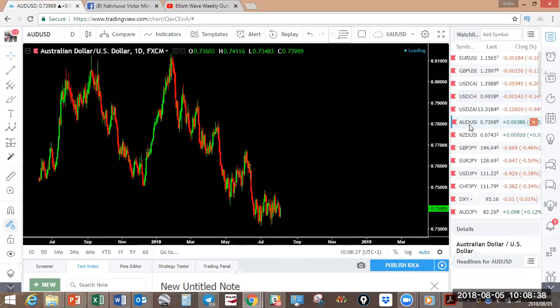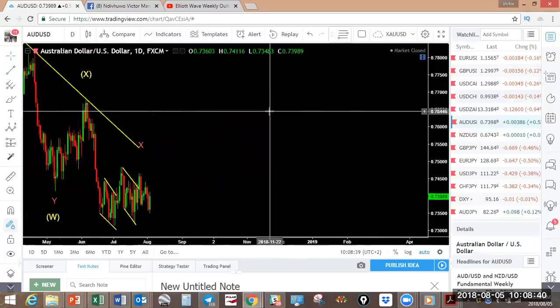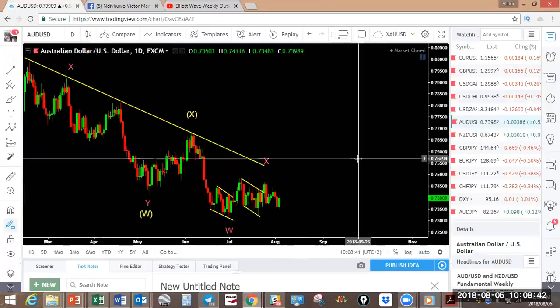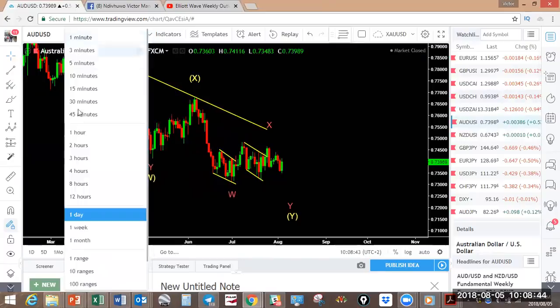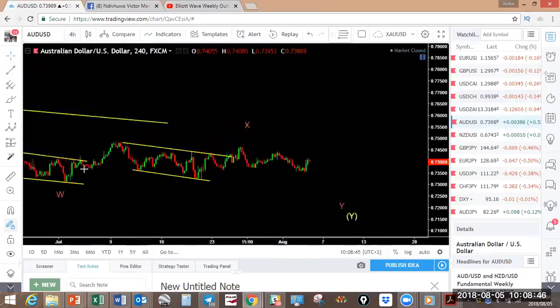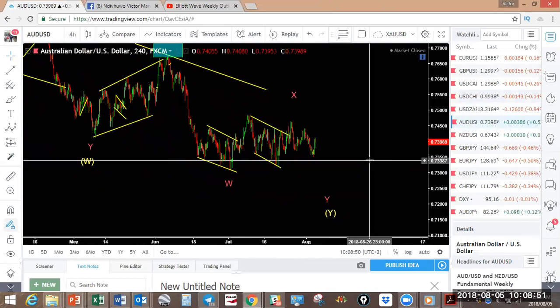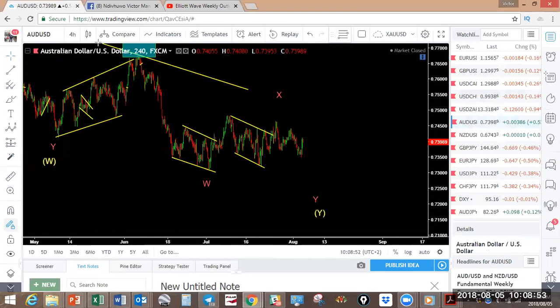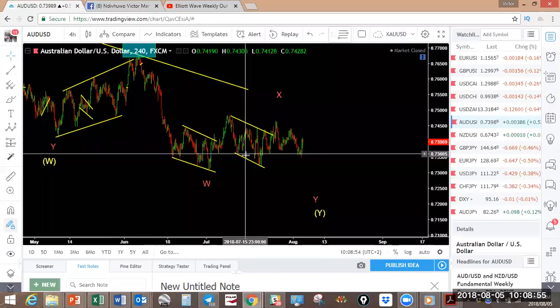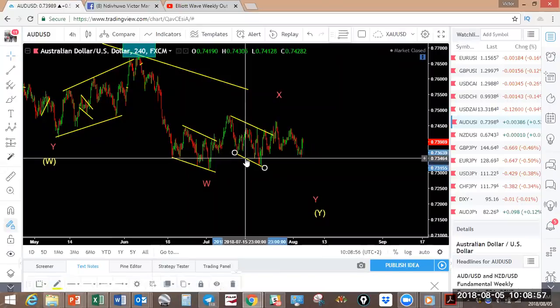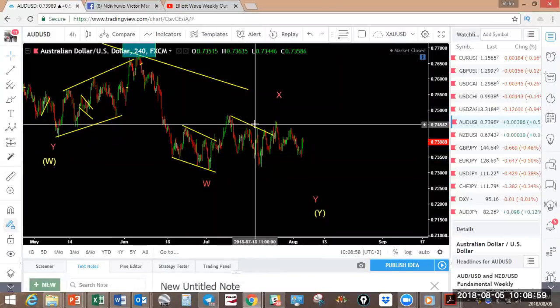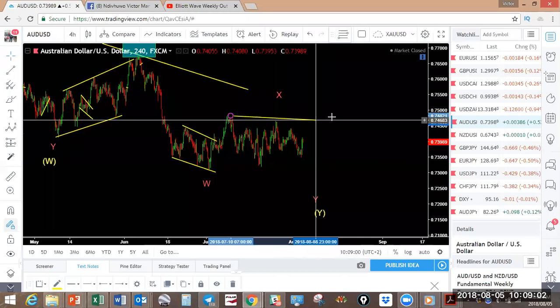Audi. Now, something interesting with Audi here and New Zealand is that they've got the exact same structure. Let's go for hour. So let's take this off here. This may be even making a triangle. We'll have a look here just now.